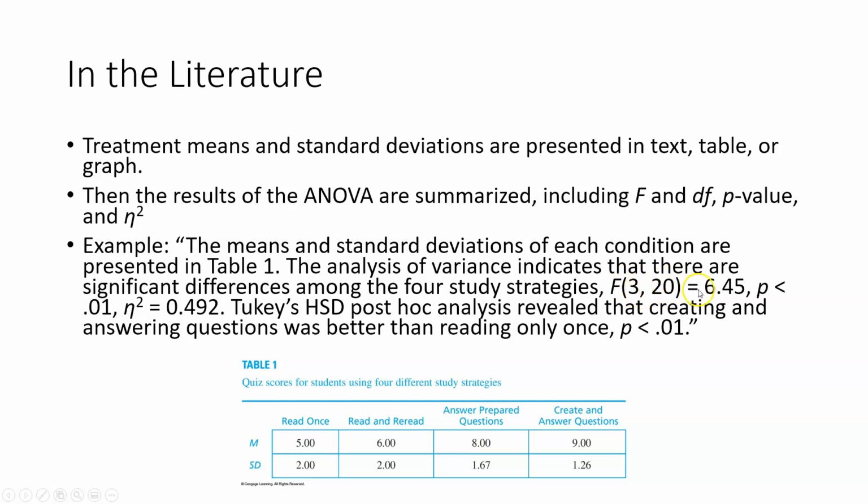You then put equals what the F value is, comma, p less than 0.01. Then you list your eta squared, 0.492, and you would say what your post hoc test showed if you ran them, if your ANOVA was significant. Tukey's HSD post hoc analysis revealed that creating and answering questions was better than reading only once, with a p less than 0.01.